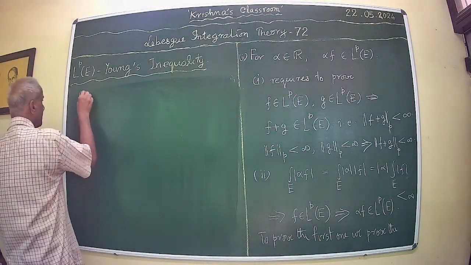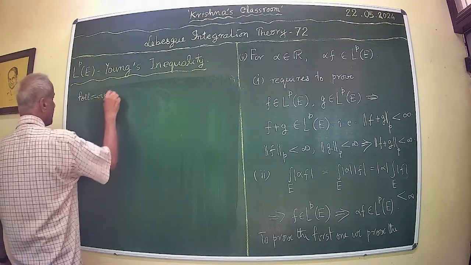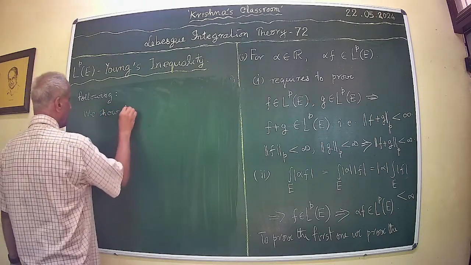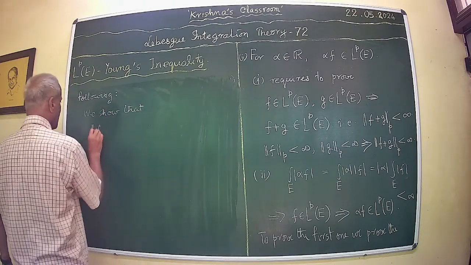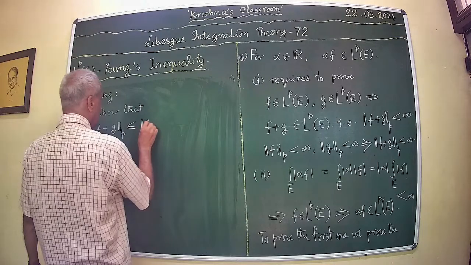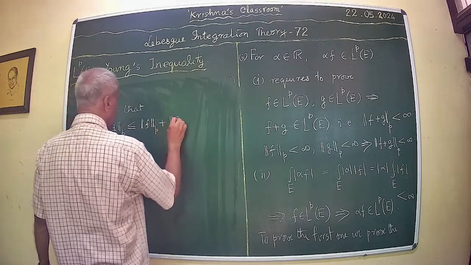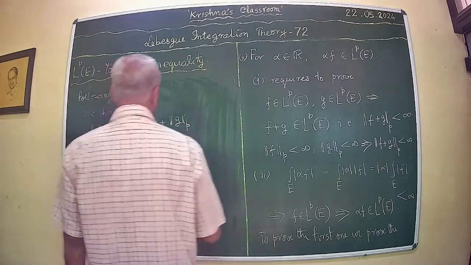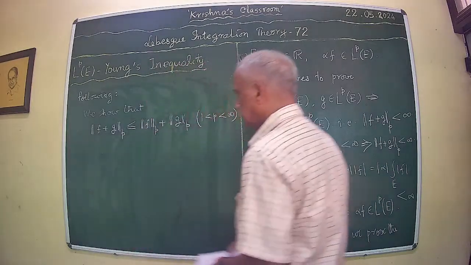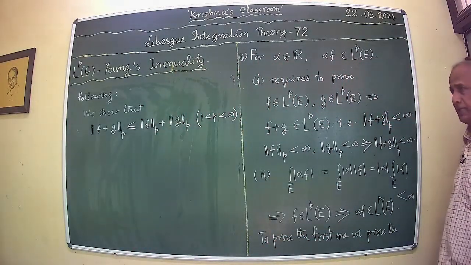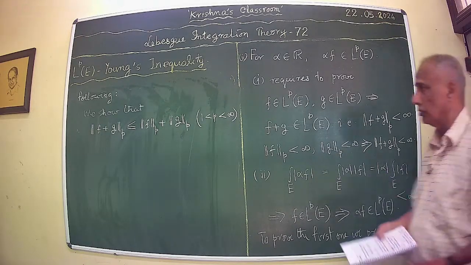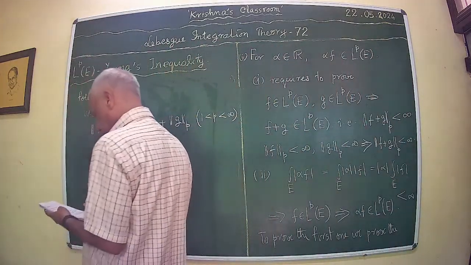hold on. We show that, once we prove this, it's a basic property of the norm, the result would follow. So this is what is called the Minkowski inequality.